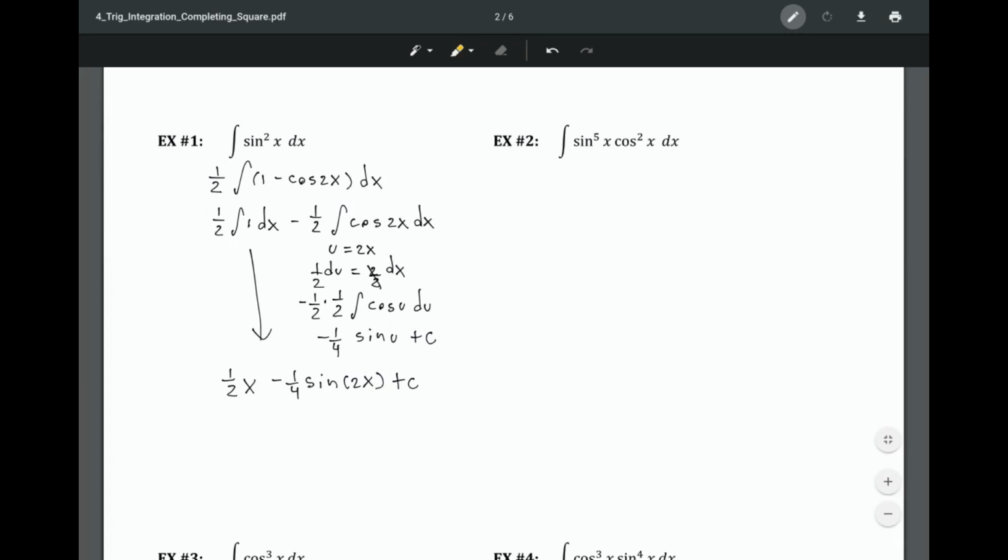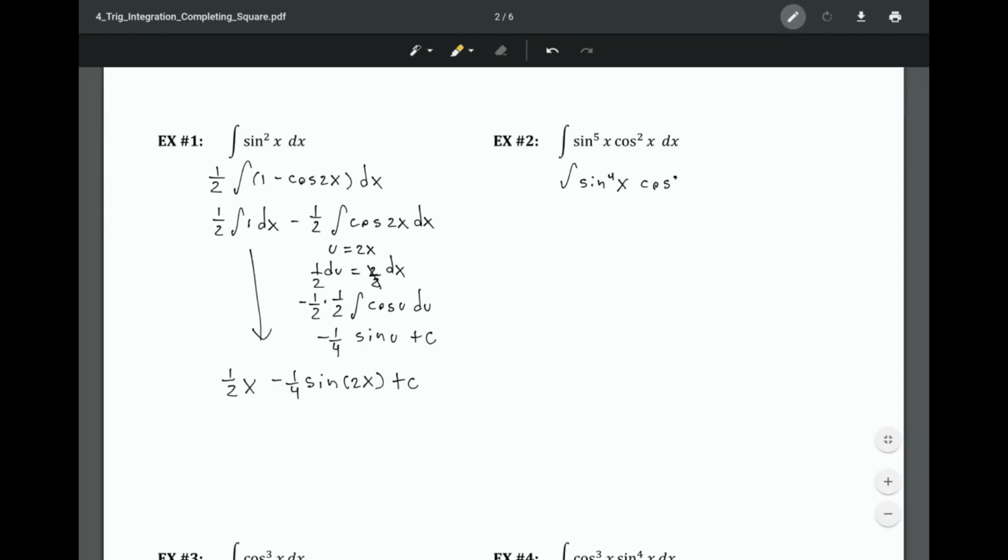So anytime I see a sine and a cosine function, and one of those powers is an odd power, in this case it is sine, then I will do the following. I will basically break this apart into sine of x to the power of 4 times the sine of x, which I'll write like this here in a second.